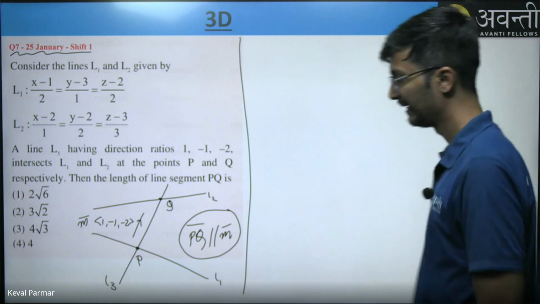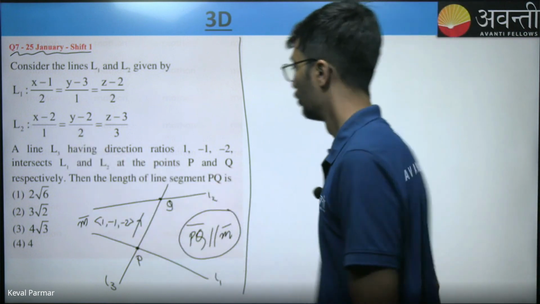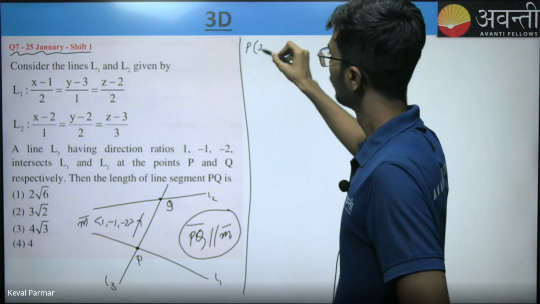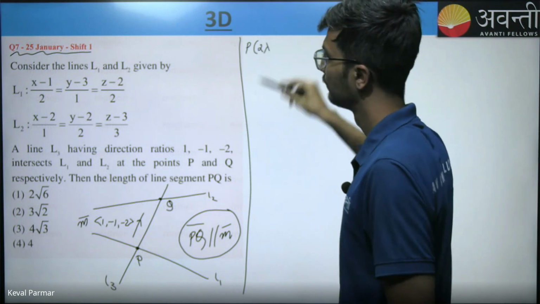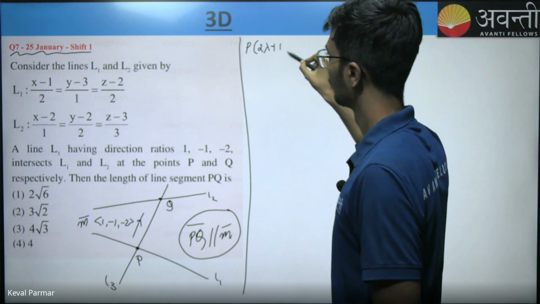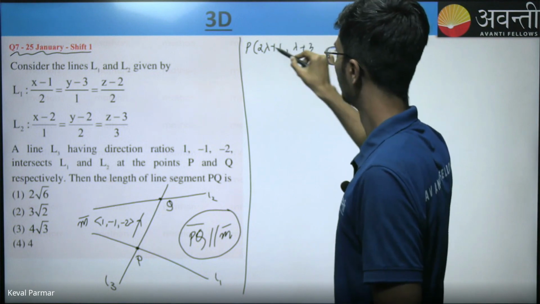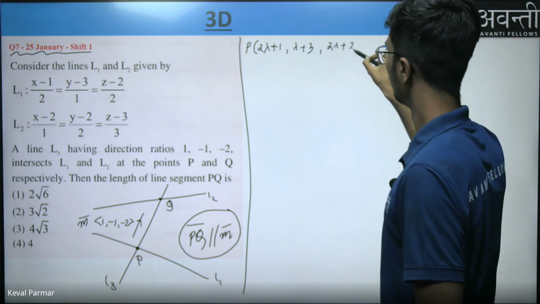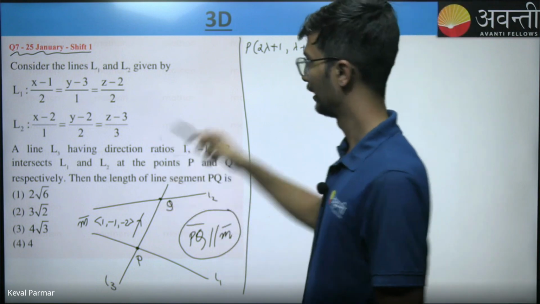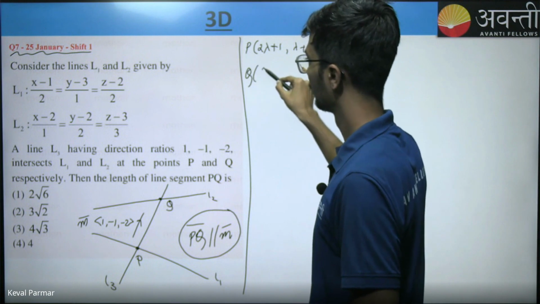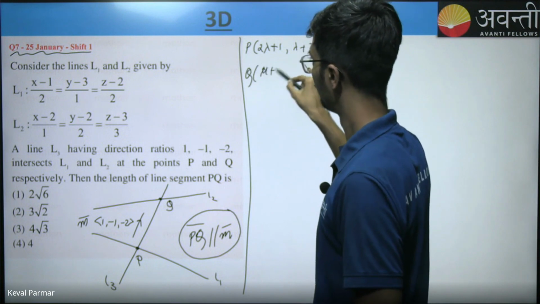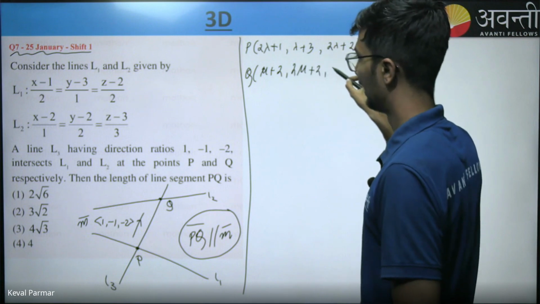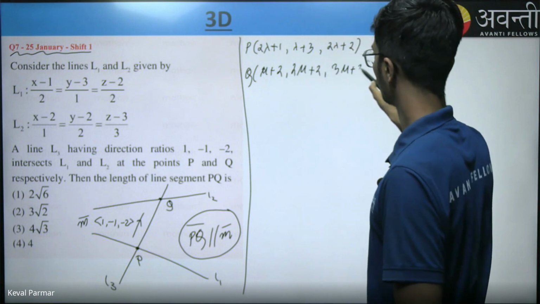So let's get P. P is on L1, so I can write P as 2 lambda plus 1, lambda plus 3, 2 lambda plus 2, and Q is on L2, so I can write Q as mu plus 2, 2 mu plus 2, and 3 mu plus 3.